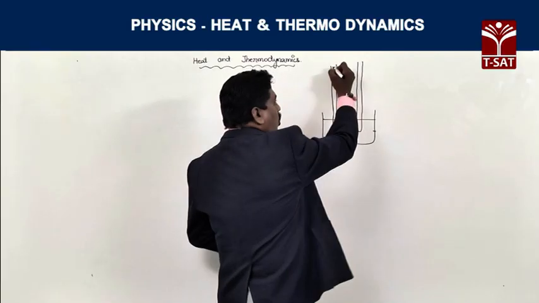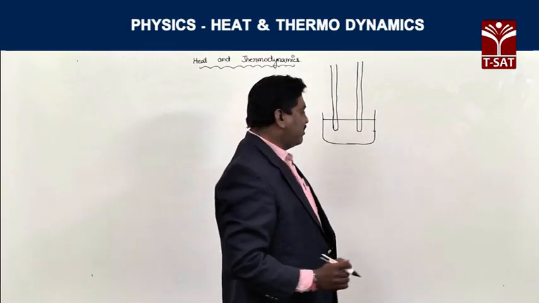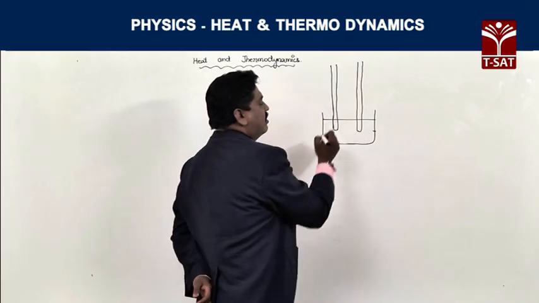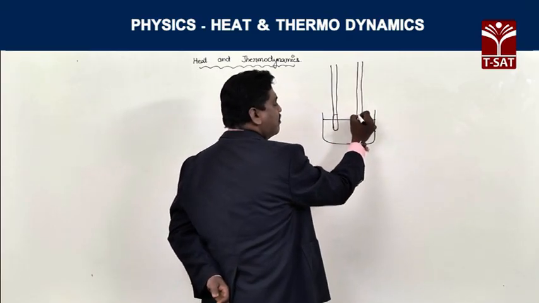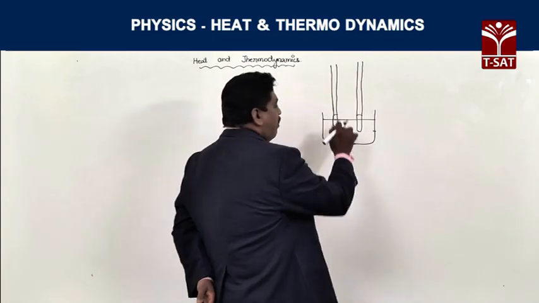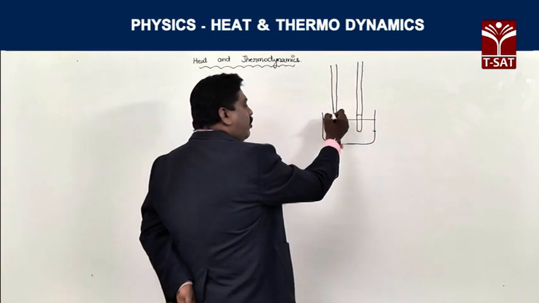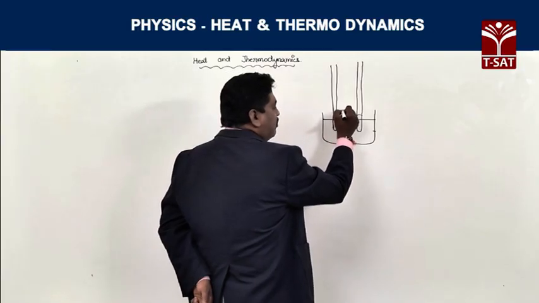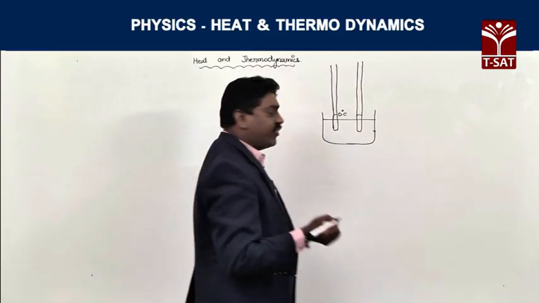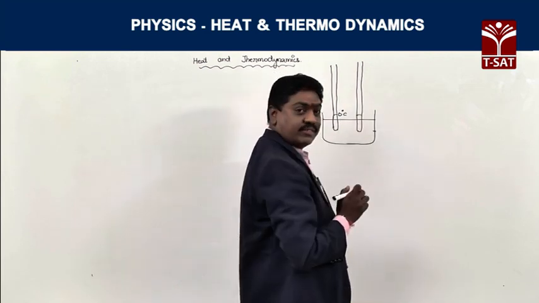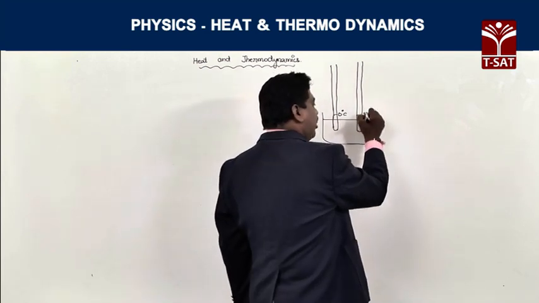Initially, the mercury level stands at a certain height. In one glass tube, the mercury level is named 0 degrees Celsius. In the other glass tube, the mercury level is taken as 32 degrees Fahrenheit.